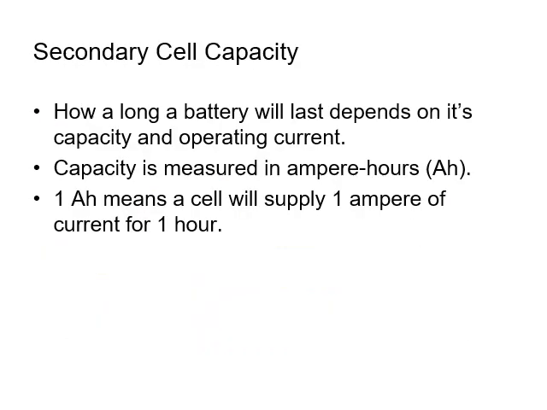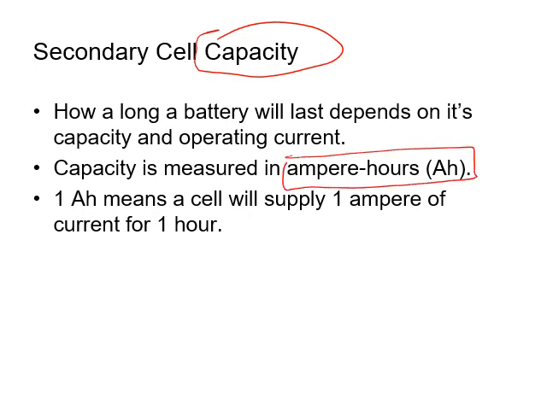So here we're going to talk about battery capacity, which is how much energy is stored in that battery. And it's usually set in amp hours. I hope it rings a bell because remember we talked about electrical energy in kilowatt hours.